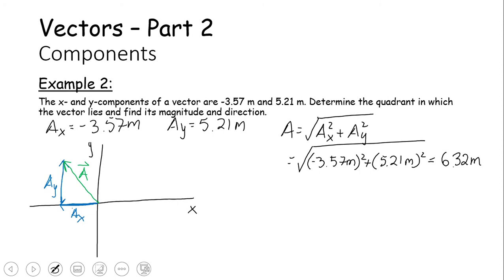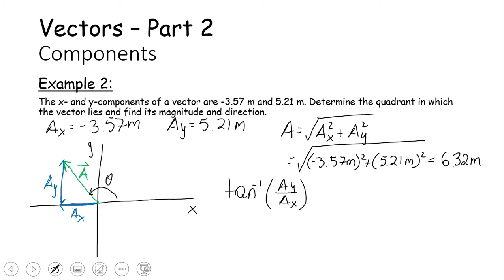Now, what about the angle? Let's think about it first. This is the angle that we're trying to find. It's always the positive angle with respect to the x-axis measured counterclockwise. Now we know the two components, so we plug in the numbers in our expression, tan inverse of Ay over Ax.